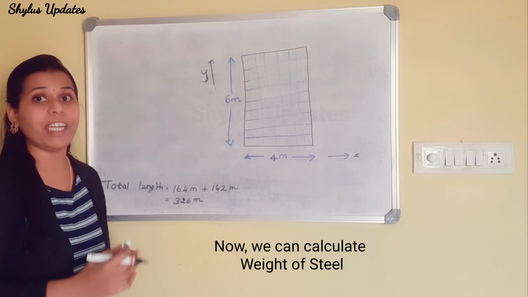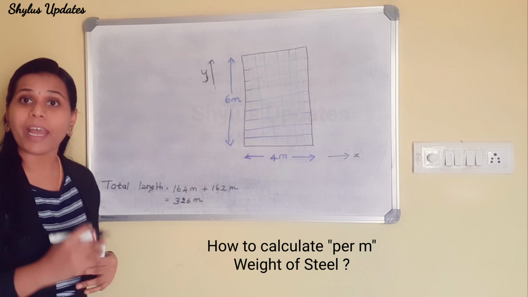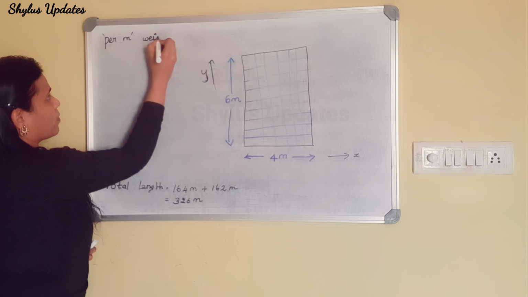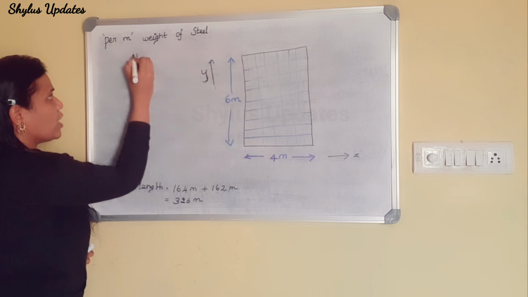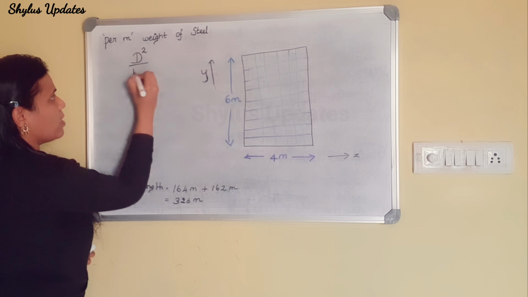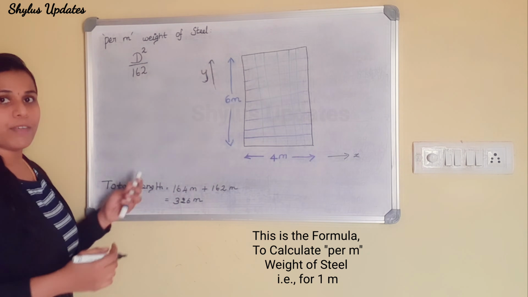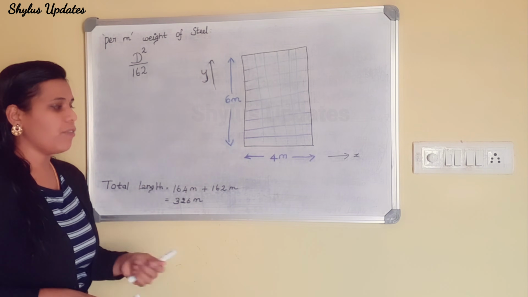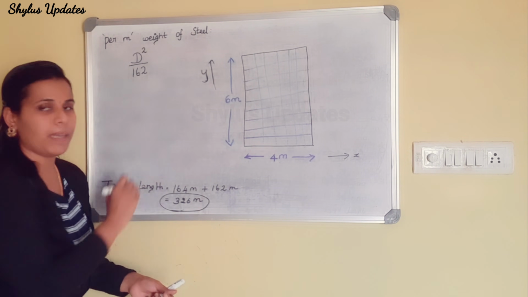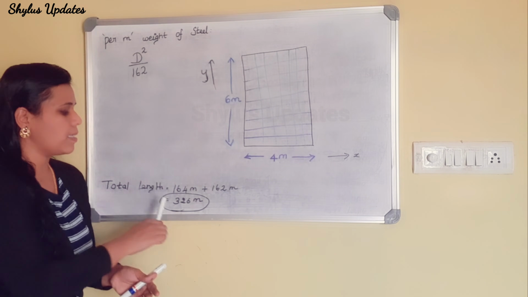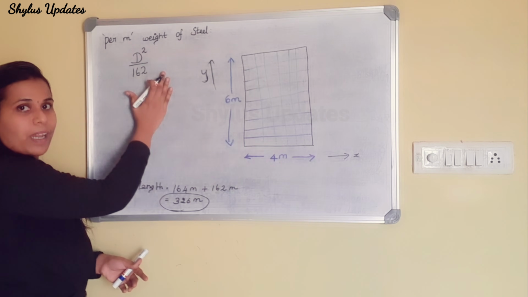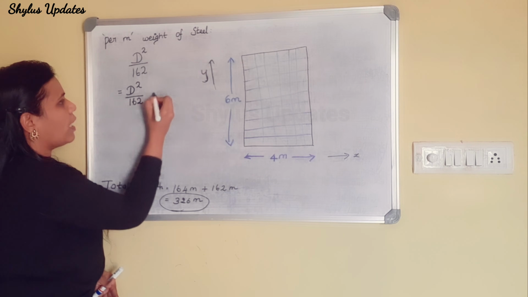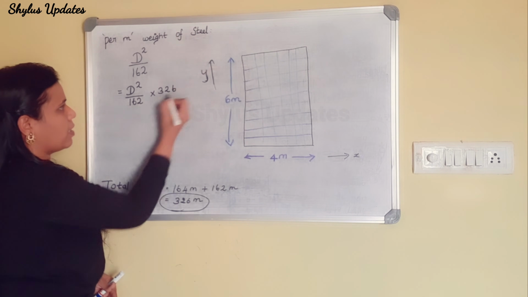Now we can calculate weight of steel. How to calculate per meter weight of steel? For that, there is a formula. D square divided by 162. This is the formula to calculate per meter weight of steel for only 1 meter. But we have to calculate for 326 meter. So we have to multiply this 326 with this formula, which is equal to D square divided by 162 into 326.